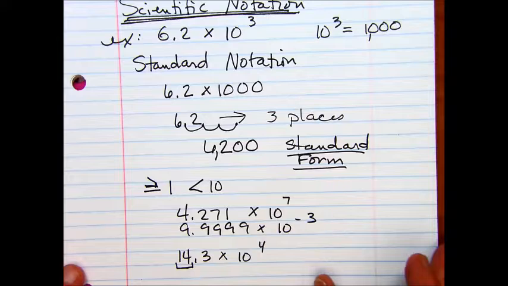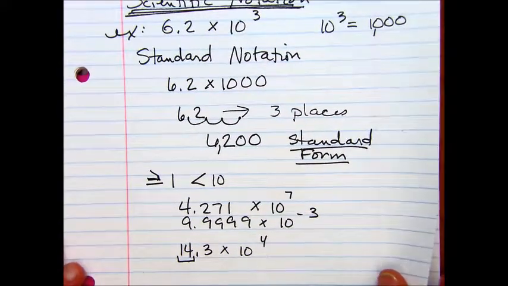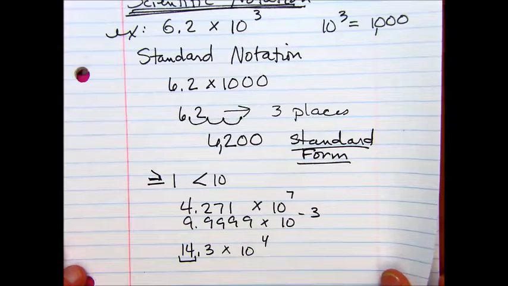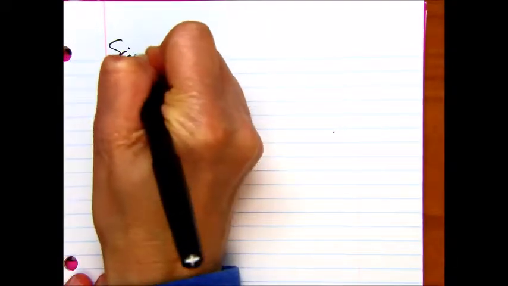Now let's go ahead and do some examples with positive exponents and negative exponents for scientific notation. We're going to first start in scientific notation, and then we're going to convert to standard notation.